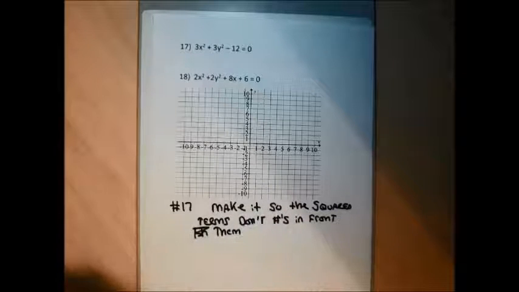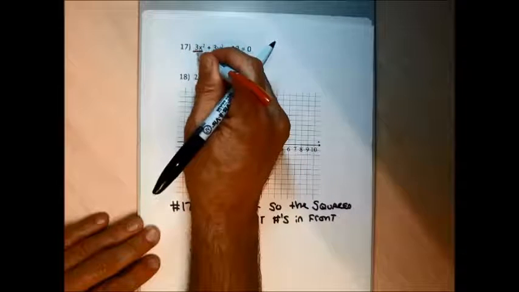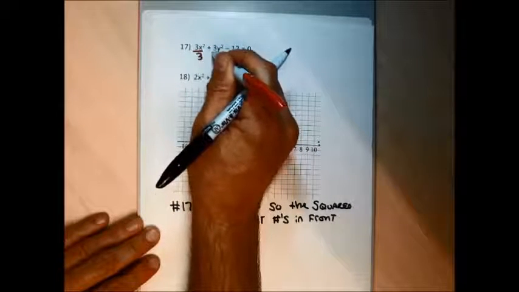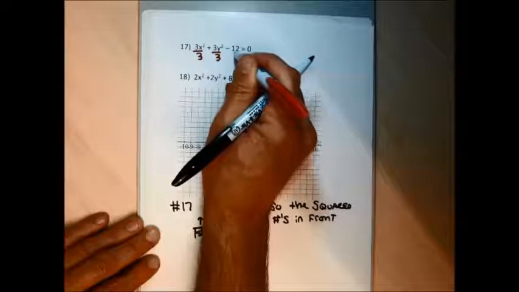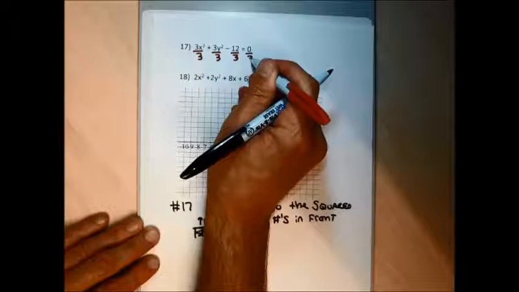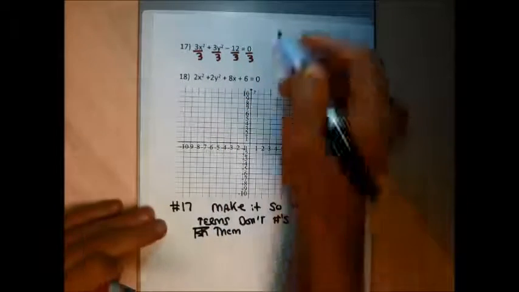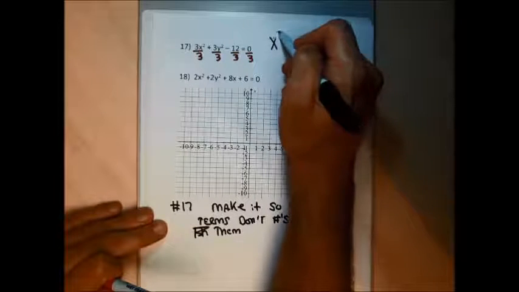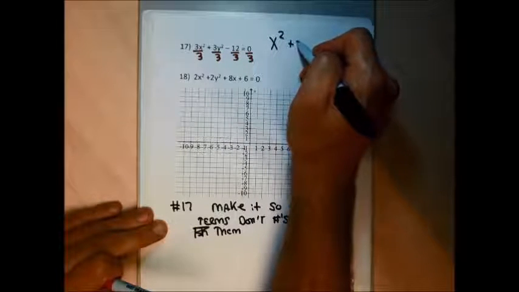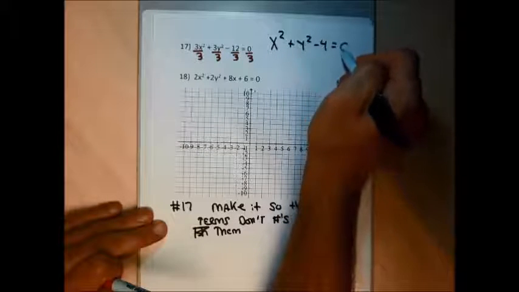And generally, I would factor those numbers out, but when the problem has an equal sign and there's a common factor without a letter, you don't change the graph if you divide each of those numbers by that common factor. So I'm going to start off problem 17 doing that, and that's going to change this to x squared plus y squared minus 4 equal to 0.